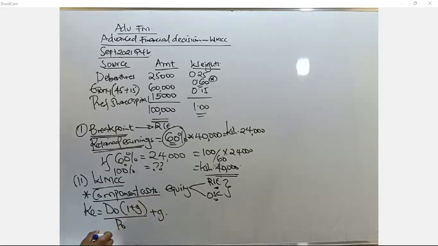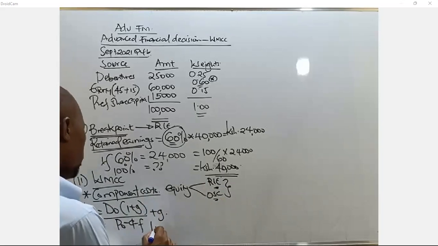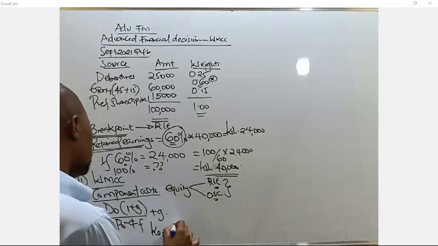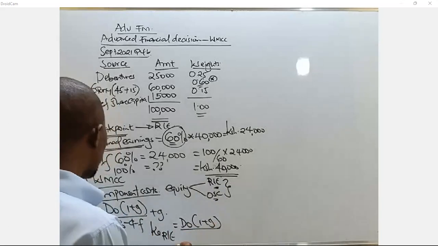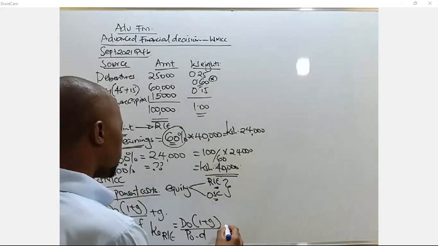The market value of the ordinary share capital is normally affected by the discounted flotation cost. But when you are dealing with the cost of equity of the retained earnings, you take your current dividends and divide it by the market value minus the discount, plus the growth rate.